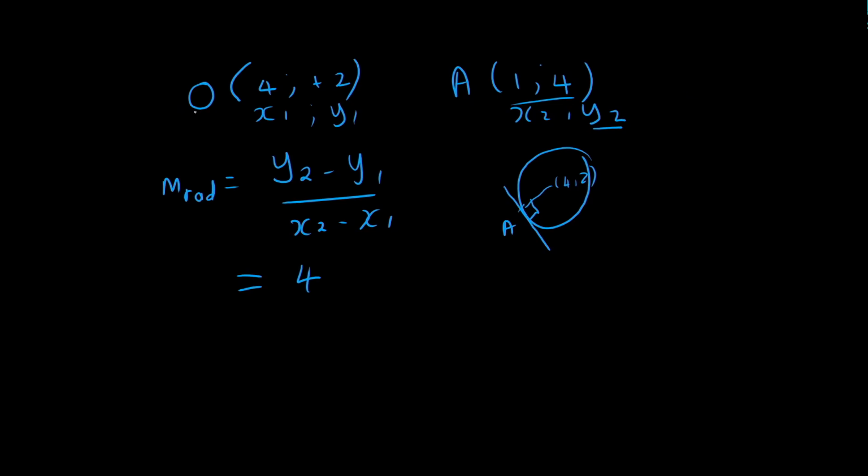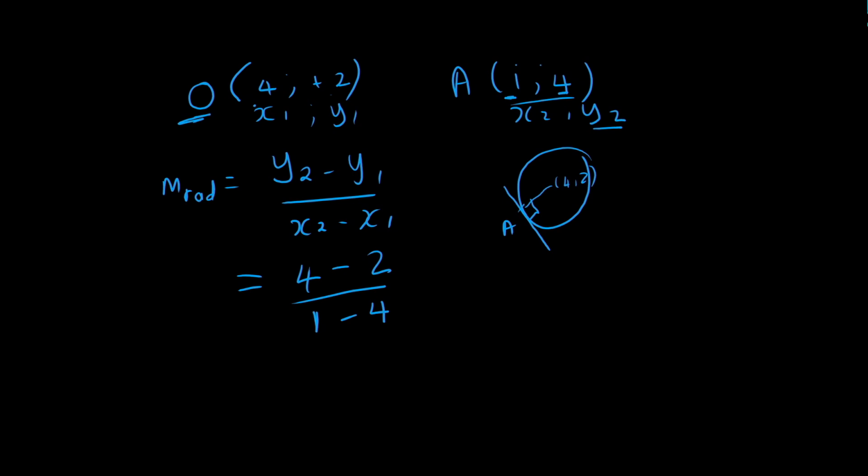So in other words, you could have called point O x2, y2, and you could have called point A x1, y1. That is fine as long as your order is correct. So if you start in the second bracket with the y coordinates, then you need to start in the second bracket with the x coordinates. If you started with the first bracket as your y coordinates, then you need to start with the x coordinate from the first bracket. All right, so we're going to say y2 minus y1 over x2 minus x1.